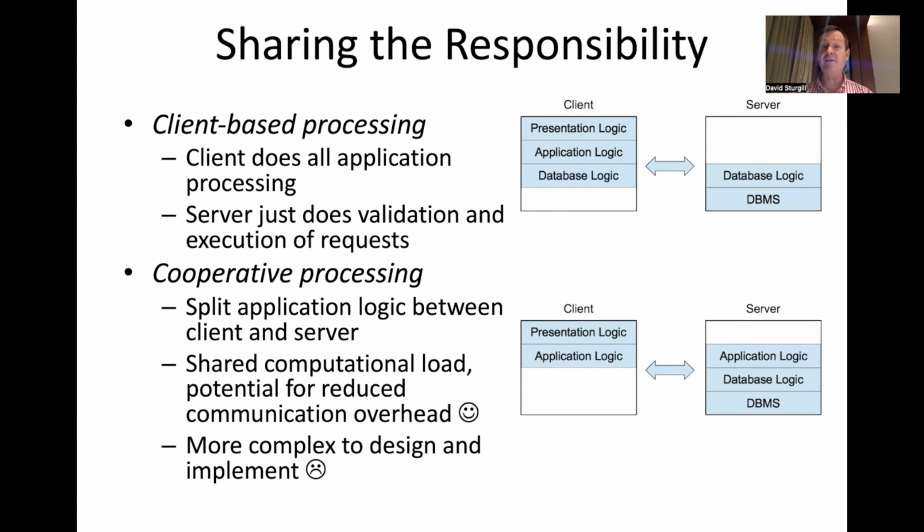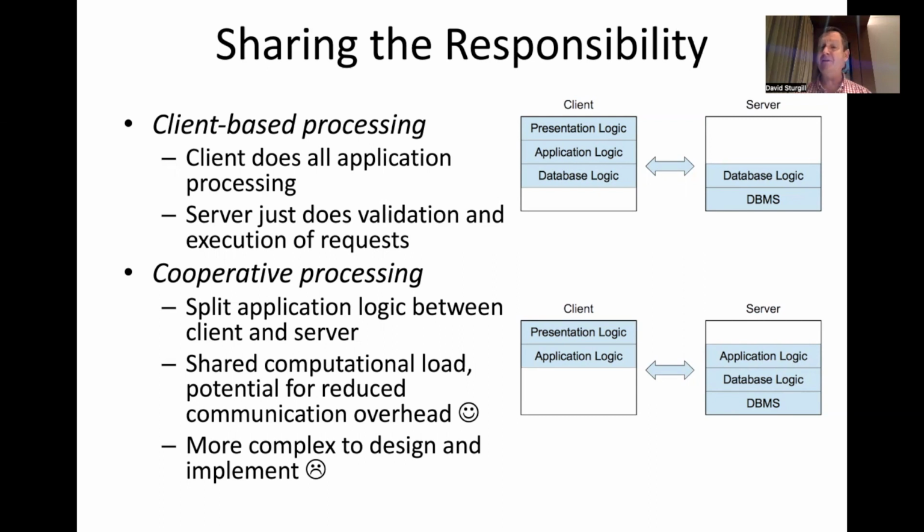But if we're willing to break an application within the application logic, have some of the application logic execute on the client and some of it go to the server, that usually gives us a chance to write a more efficient application. We can farm off more responsibility to the client.